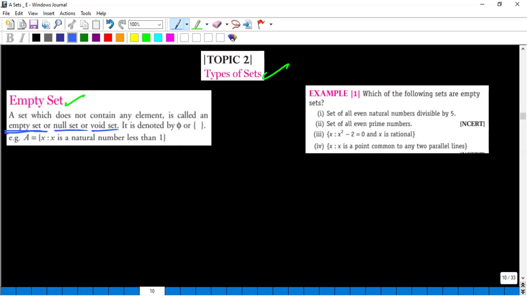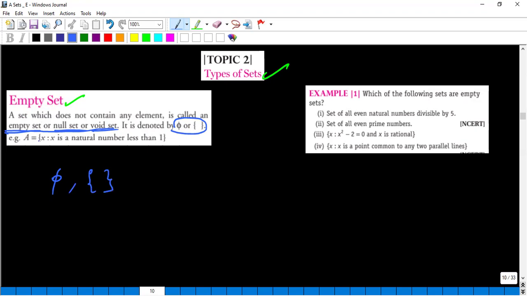Remember the names? Empty, null or void. It is denoted with two symbols. This symbol is known as phi, or else you can mention the empty set like this also.